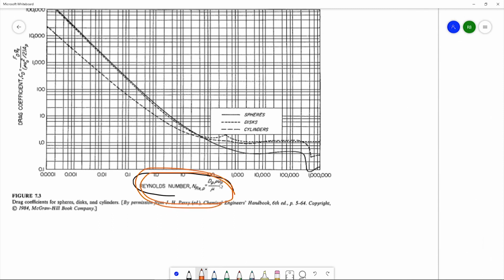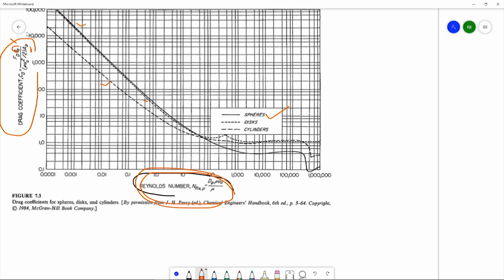On the y-axis, we have the drag coefficient, defined as Fd by AP times rho u squared by 2, where you can ignore gc and take it as 1. For spheres, the dark line, this one; for discs, this one; and for cylinders, this one. The drag coefficient varies something like this.